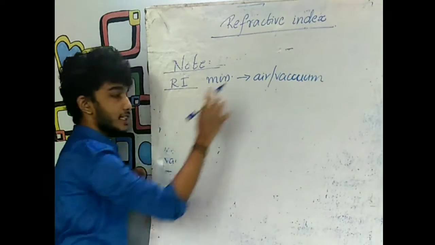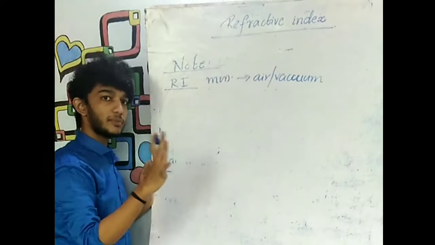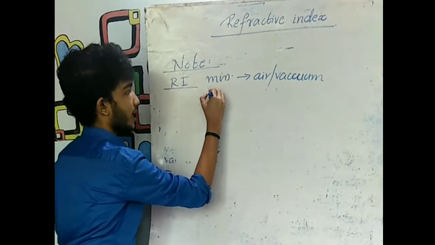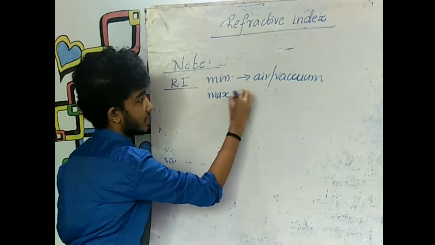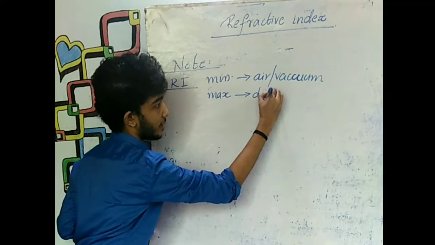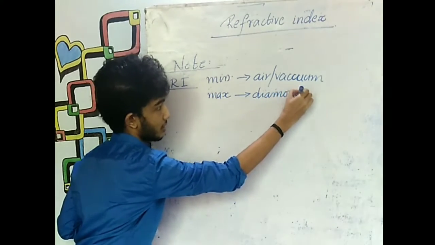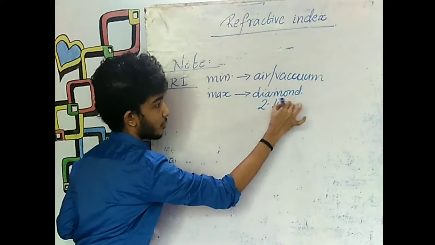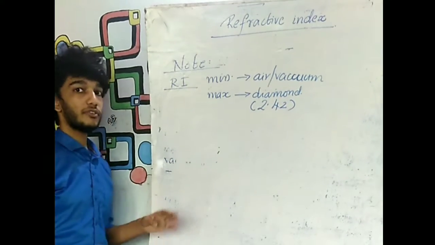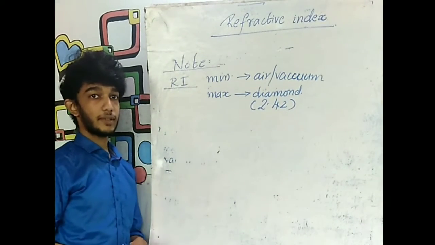Vacuum it is 1, air it is 1.0003. Approximately we can take it as 1 itself. And the refractive index is maximum for diamond, which is equal to 2.42. This is the value of refractive index in the case of diamond.